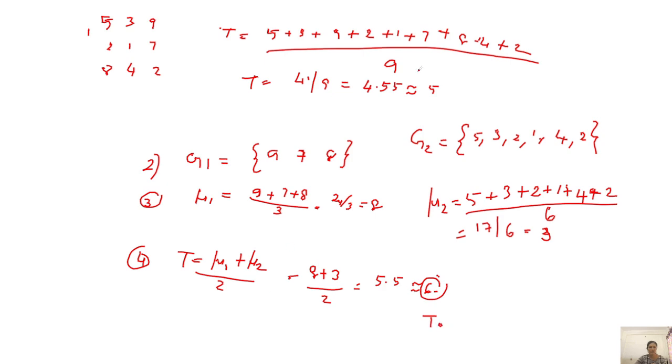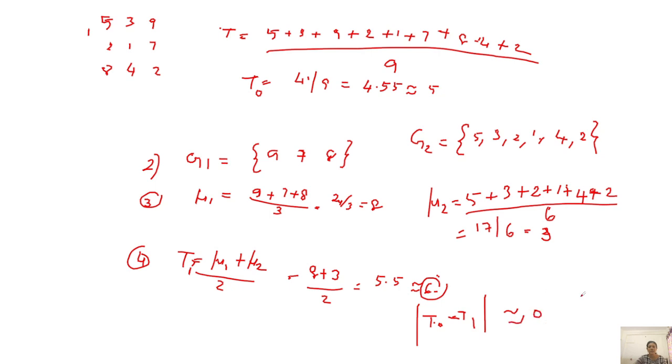Let this be my first threshold, that is T naught, and let this be my second threshold, that is T1. So T naught minus T1, we can take the absolute value.